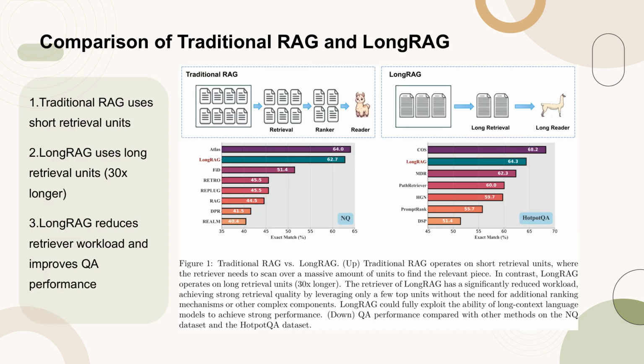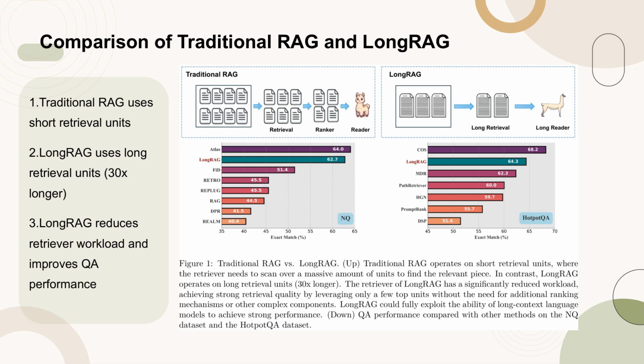Figure 1 contrasts the traditional RAG framework with the LongRAG framework in terms of retrieval unit length and performance. Traditional RAG operates on short retrieval units, necessitating a retriever to scan a vast number of units to locate relevant information. In contrast, LongRAG employs long retrieval units, which are 30 times longer, significantly easing the retriever's burden and enhancing retrieval quality with fewer top units.